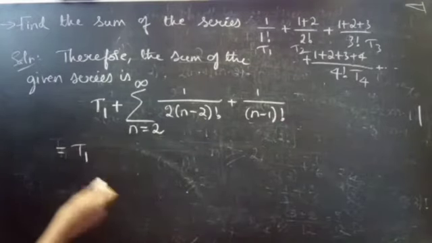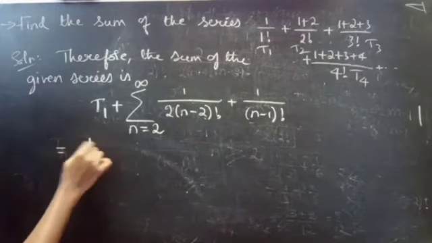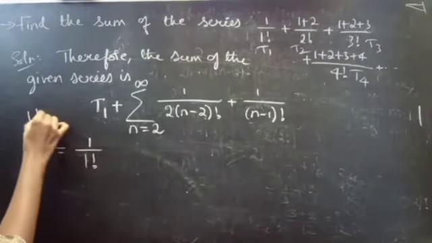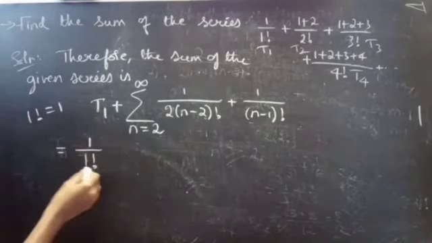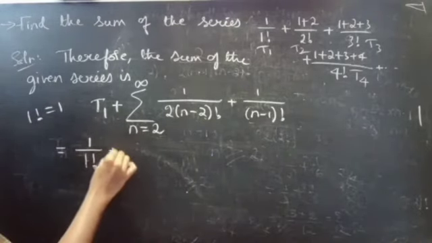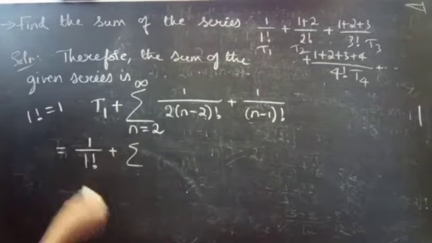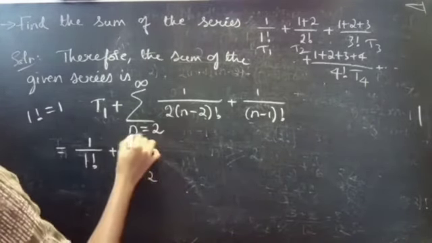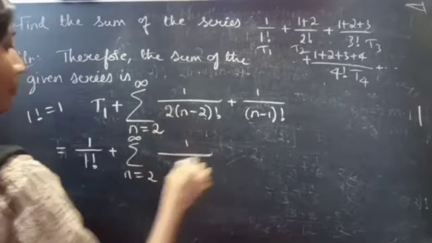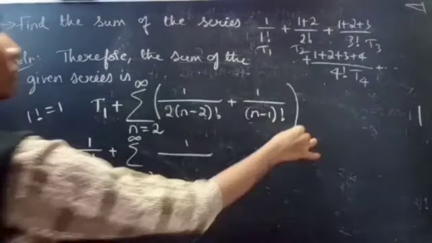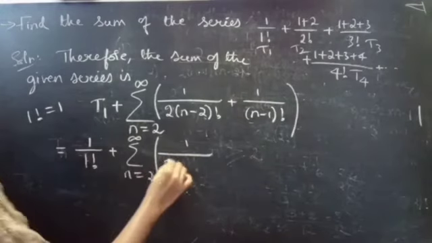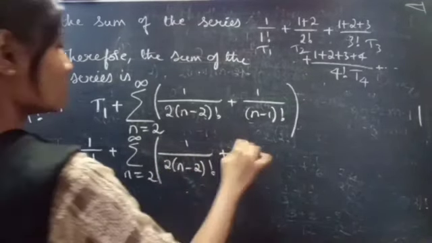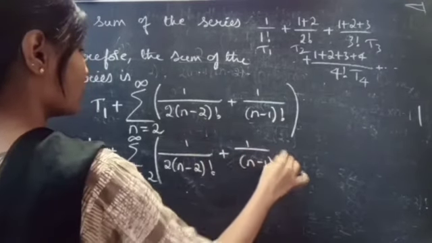T1, which is 1 by 1 factorial. Since 1 factorial equals 1, you'll get 1 by 1, which is 1. Plus the summation for n equals 2 to infinity of 1 by 2 into n minus 2 factorial plus 1 by n minus 1 factorial.